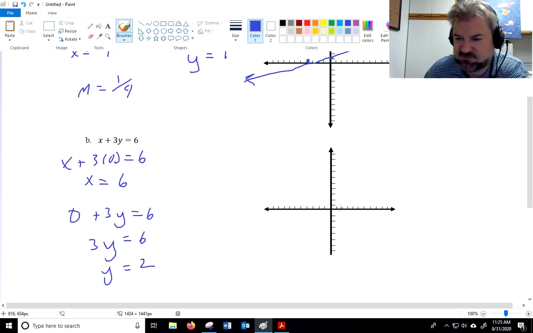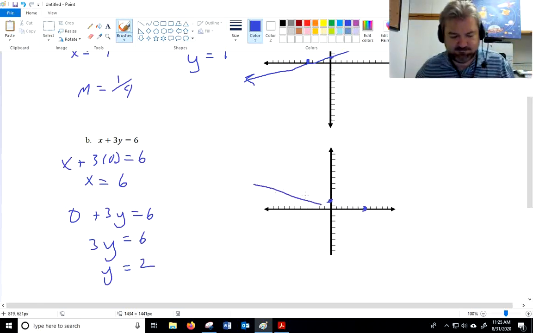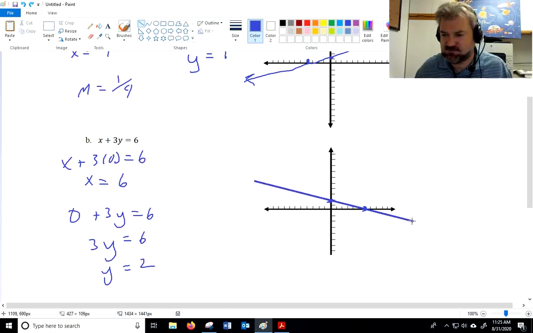So 6 and 2. There we go. X-intercept was 6, y-intercept was 2.